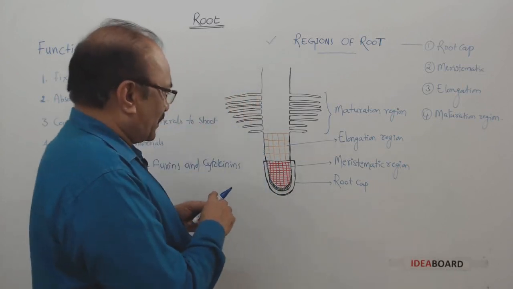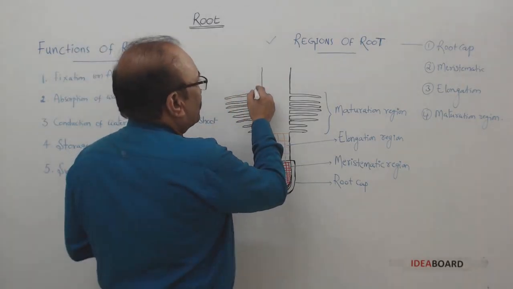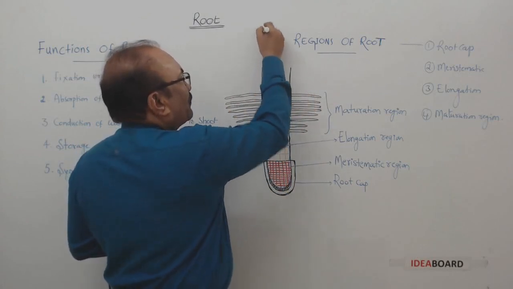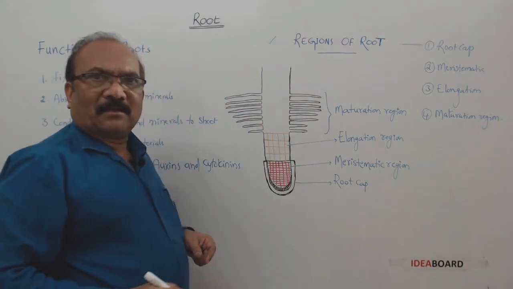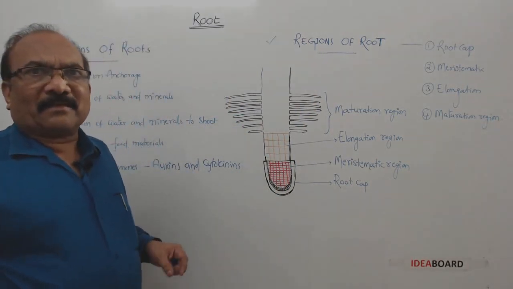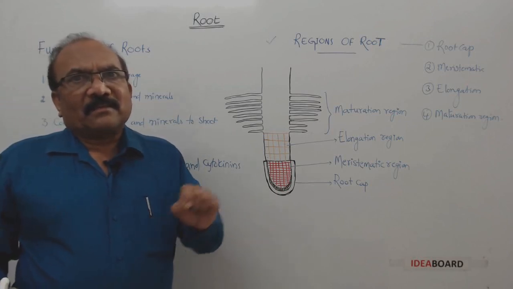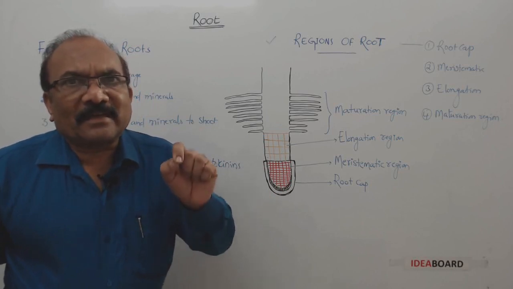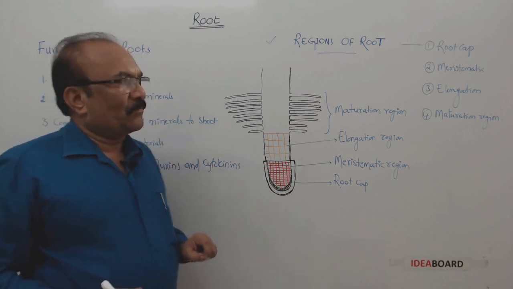Because I drew one diagram here. This is the tip, and this is the remaining part of the root. The root may be very long, but if you want to see these four regions, we have to observe only at their tips.